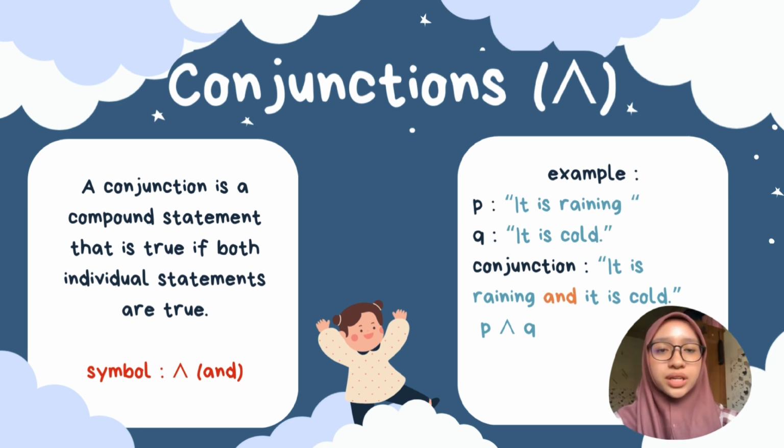If it is raining but it is not cold, or if it is cold but not raining, then the conjunction as a whole is false. This is why we say a conjunction is true only when all its parts are true. It's like a condition. Everything must happen for the result to be valid.